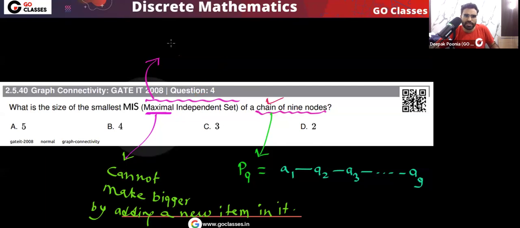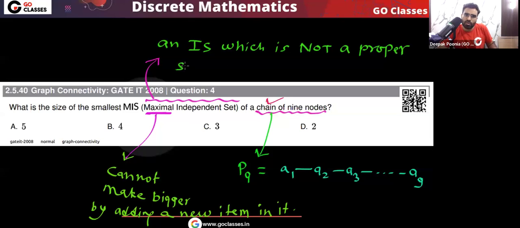Or I can say a maximal independent set is an independent set which is not a proper subset of another independent set. Is this clear? Very simple.